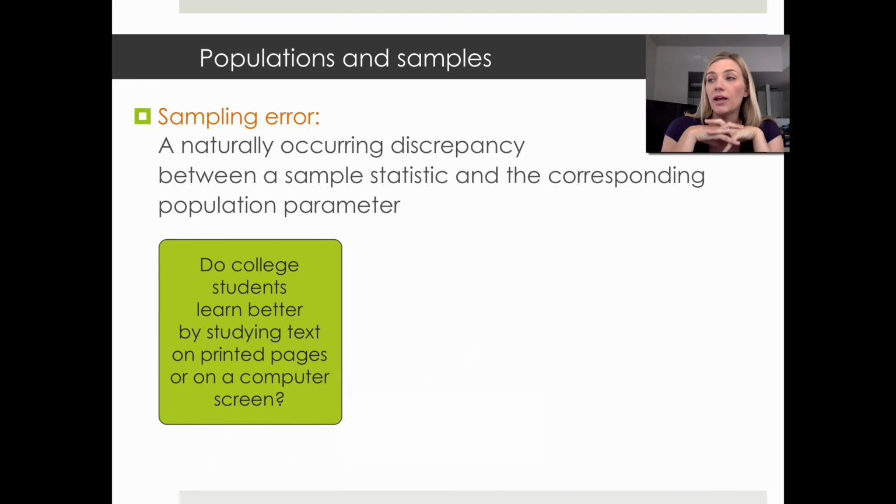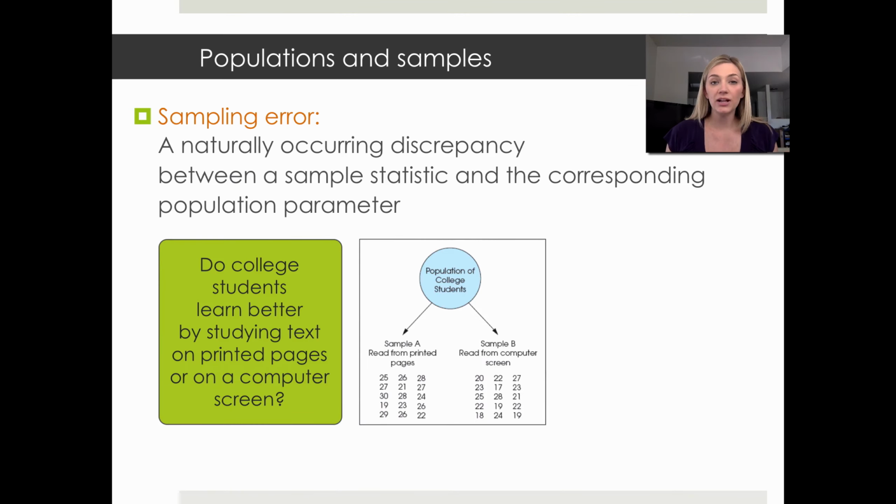Let's say we want to know if college students learn better by studying text on printed pages or on a computer screen. So if they're looking at hard copies on paper versus looking at information presented on a computer screen. Here we have our population of college students, and here we randomly draw, let's say, 15 participants to read text from printed pages, and we randomly draw another sample of 15 college students to read text from a computer screen, and then we record how many details of the text they remember.